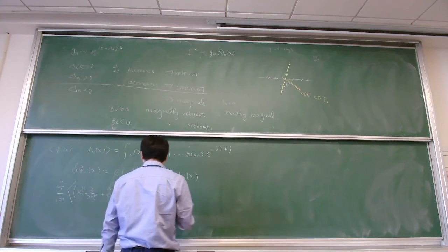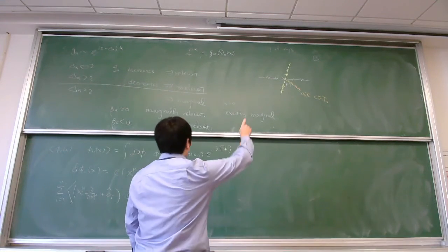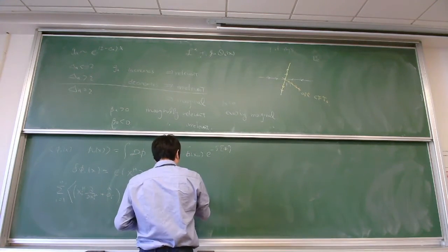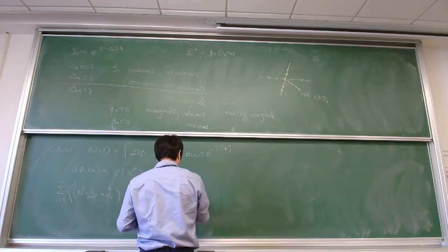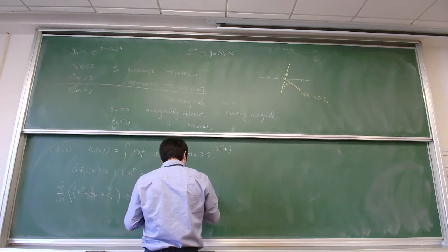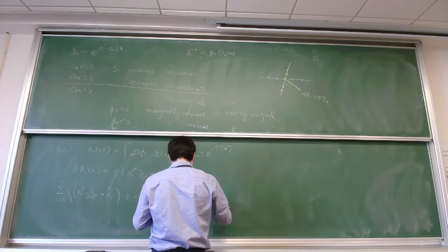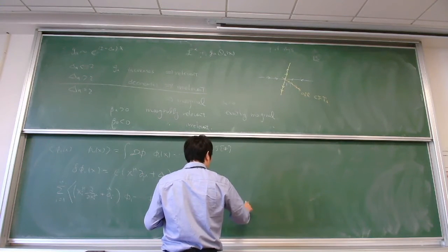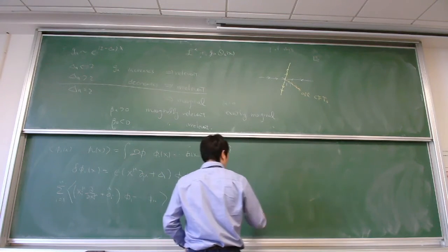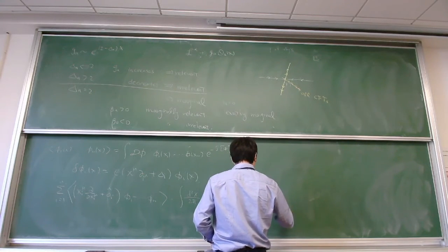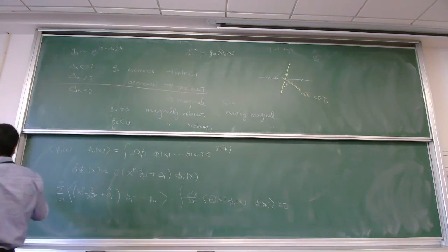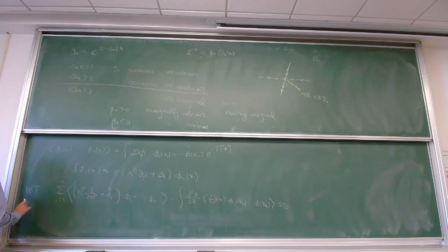And since the current of the conformal transformation involves the trace of the stress energy tensor, this is the Ward-Takahashi identity.